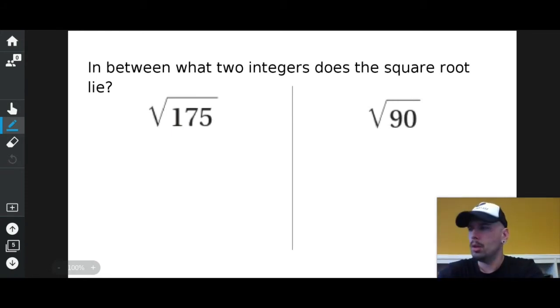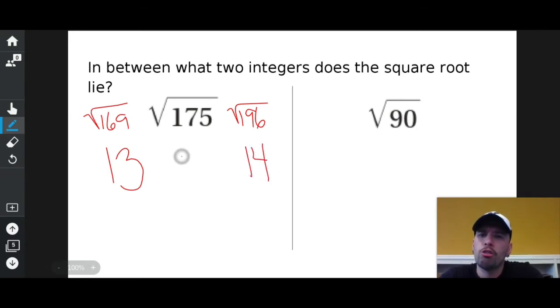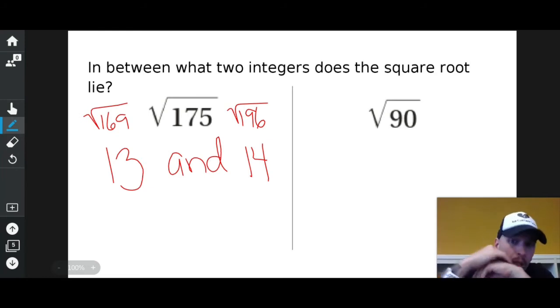Oh, you're going to live in between 169 and 196. 169 is 13, 196 is 14, so the square root of 175 is in between 13 and 14.